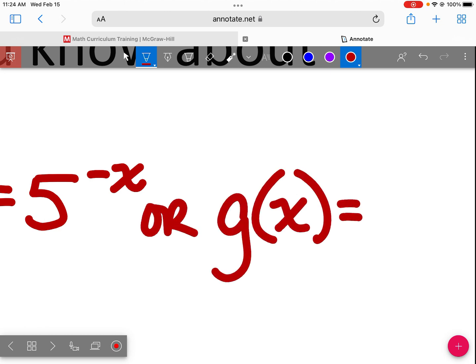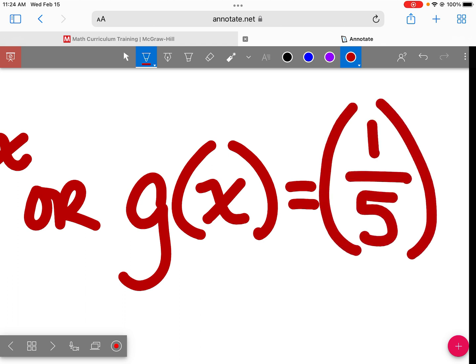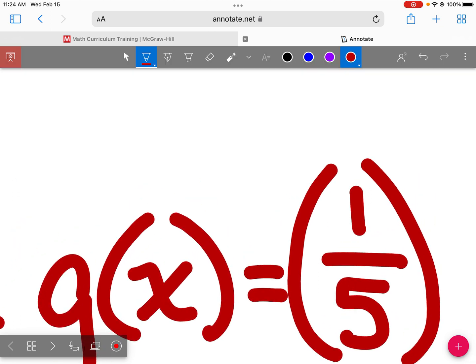What else could I write that would look different but mean the same thing as 5 to the negative x? 1 over 5. Would I have any negatives here at all? No. To the power of what? X. A negative exponent would take the base and turn it into the reciprocal.